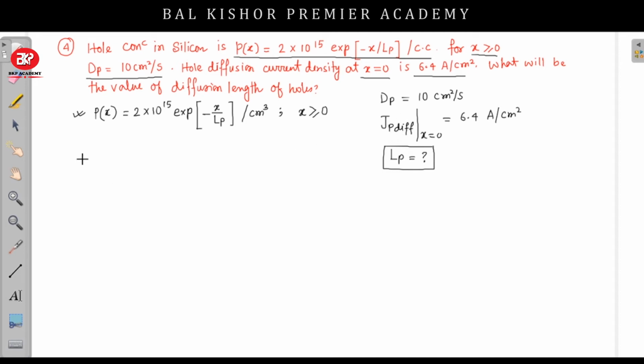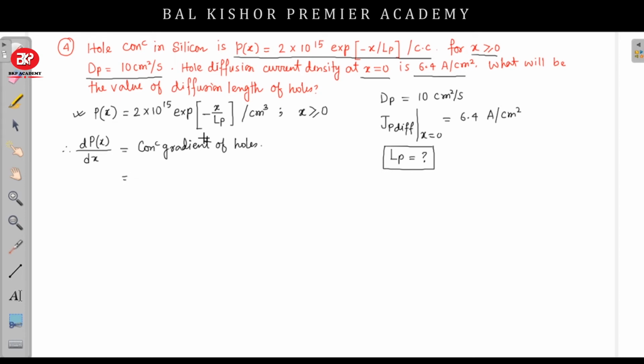So we have to find the concentration gradient, dp of x divided by dx, and from this equation I can calculate it. This is the concentration gradient of holes.